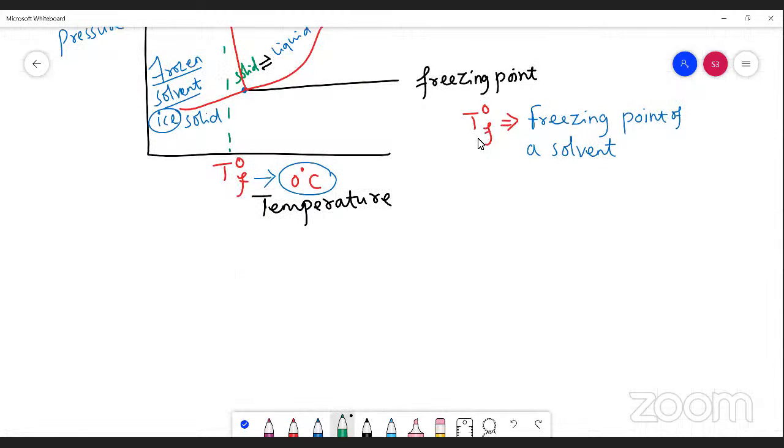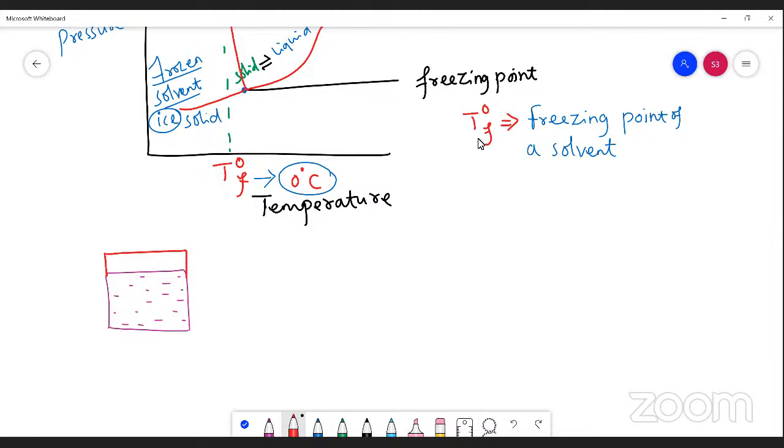So, generally, I will give you a diagrammatic representation. Consider this is your solvent area. The solvent is generally water.